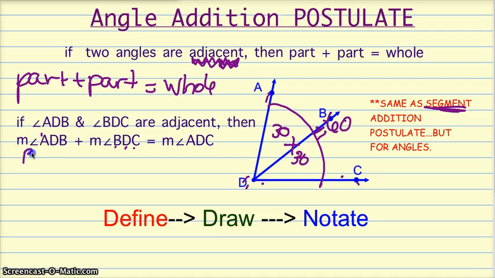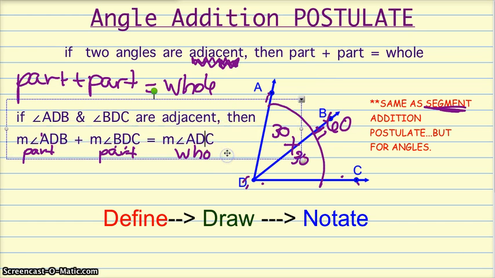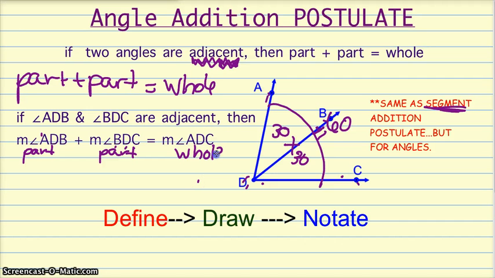This is a part, this is a part, and this is a whole. Add up the pieces. Whoops, not "who," whole. Referring to notation, the definition and the notation are kind of the same here, but there's your drawing to go with them.